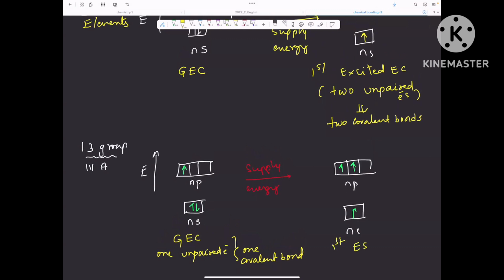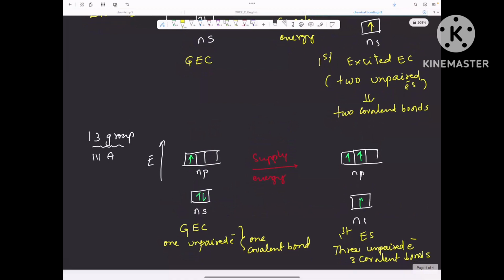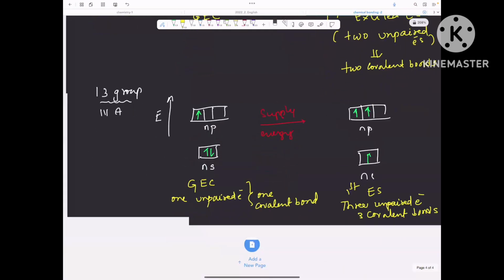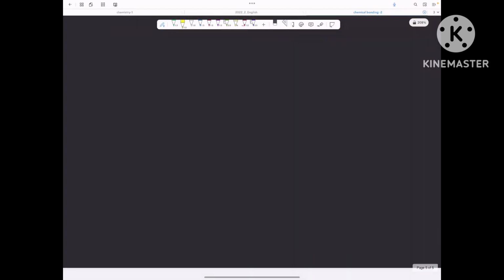Here how many unpaired electrons do we have? 3 unpaired electrons. Therefore, it can form 3 covalent bonds. So in ground state, a 13th group element forms 1 covalent bond. In first excited state, it can form 3 covalent bonds. This becomes complex as we are increasing the group number.